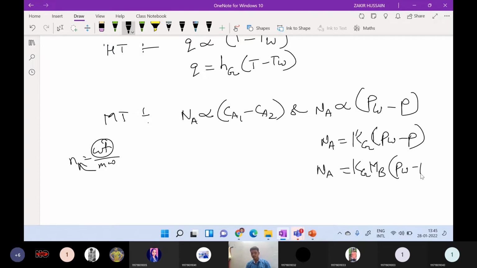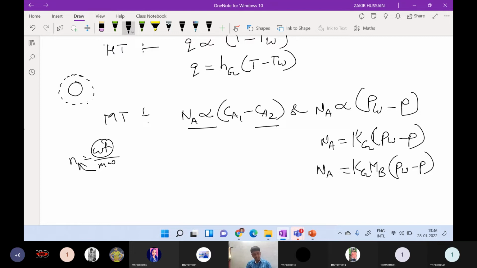So by the relationship that flux is directly proportional to the gradients, we can derive this one. So what happens here at the film? If this is a drop, and this is a film, what happens at this particular condition?